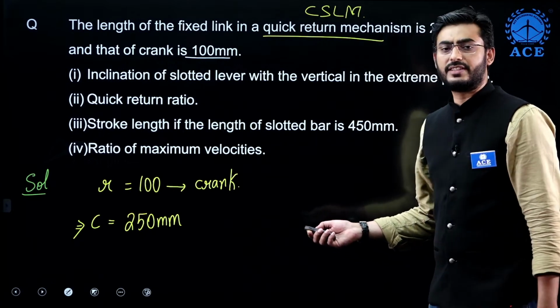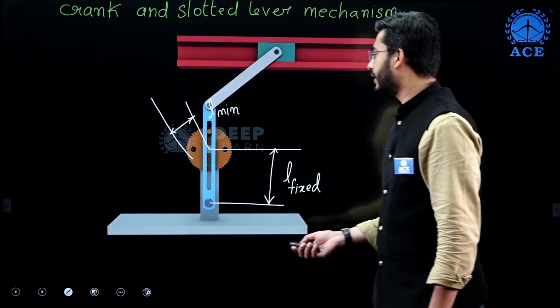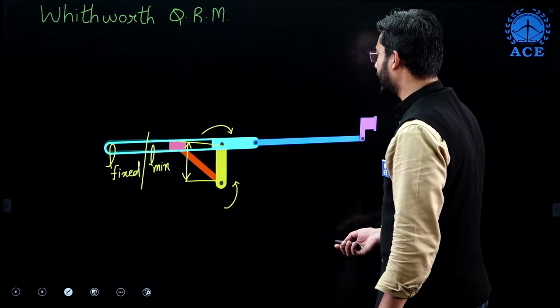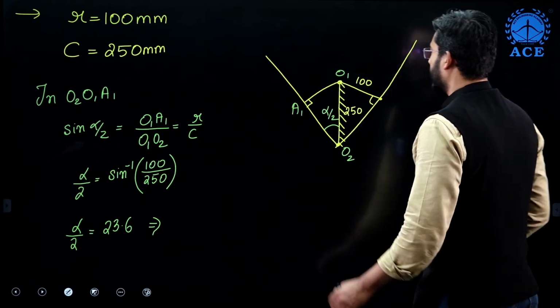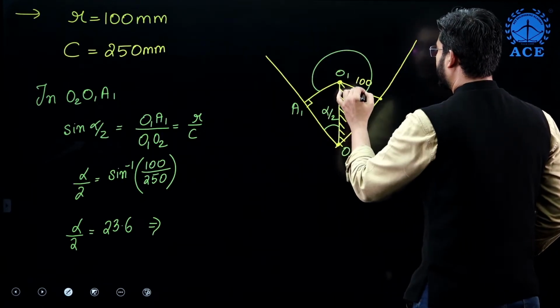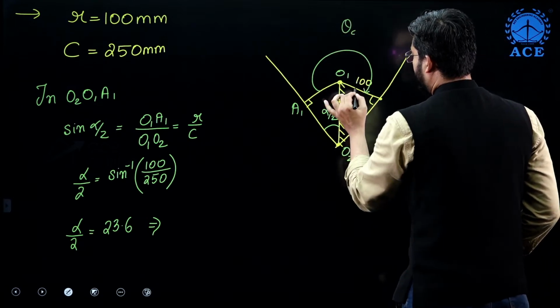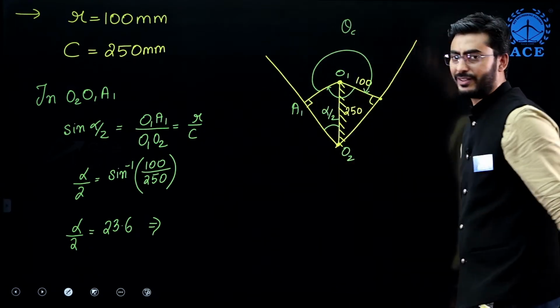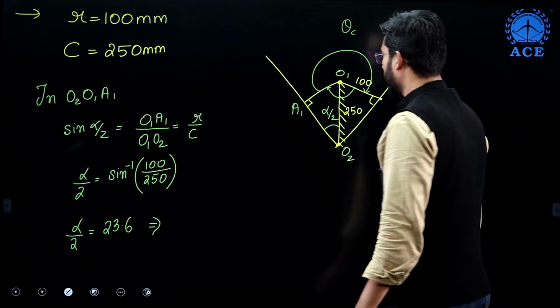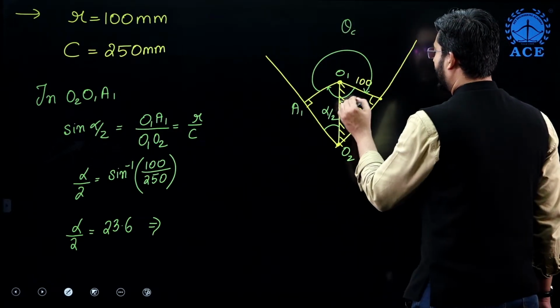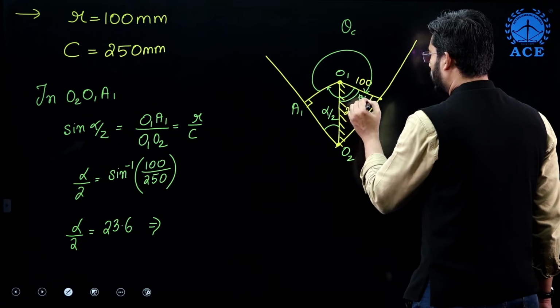Okay. Next we are supposed to calculate the quick return ratio. This angle will be responsible for the cutting stroke, that is theta cutting, and this angle will be responsible for the return. So let me write this angle as beta by 2.